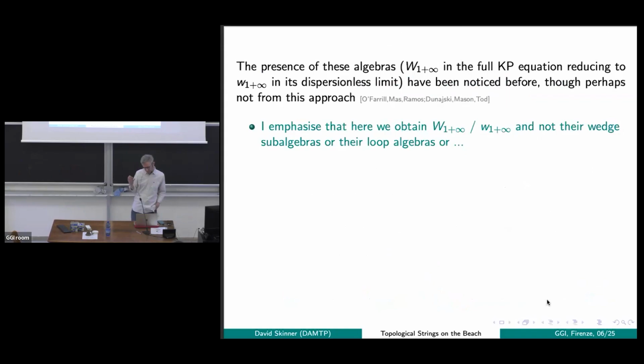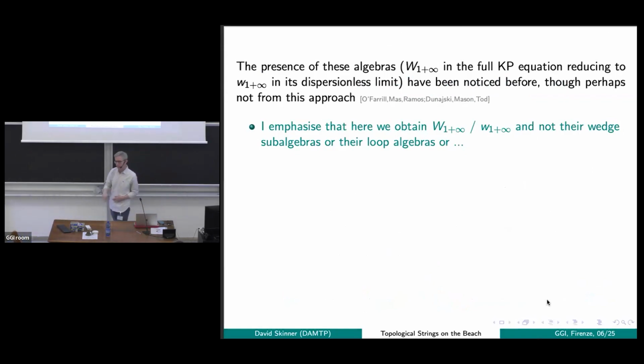So these algebras are the algebras that, through a lot of work with non-local charges, people have found as non-local expressions in KP. The capital W1 plus infinity algebra is indeed the symmetry algebra of the conserved charges in the KP equation, and little W1 plus infinity is what you get from looking at its dispersionless limit.